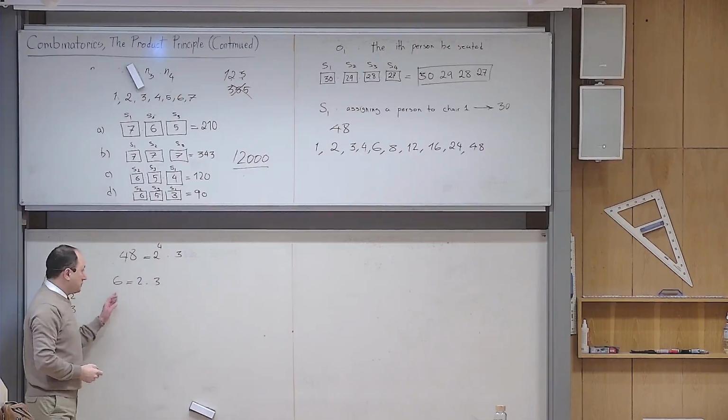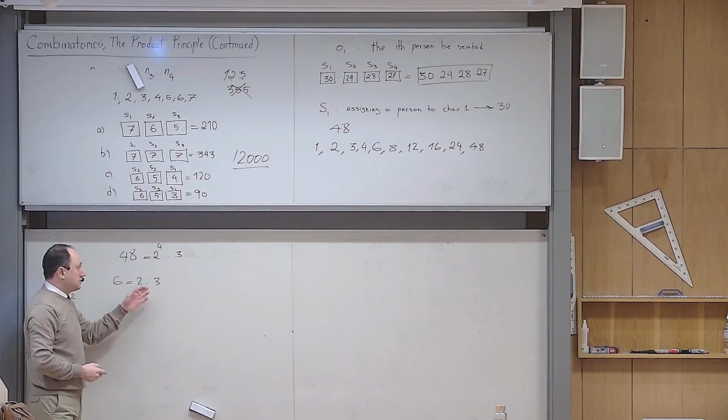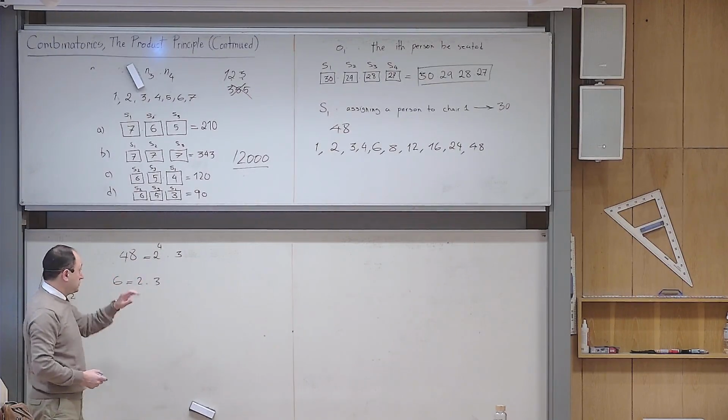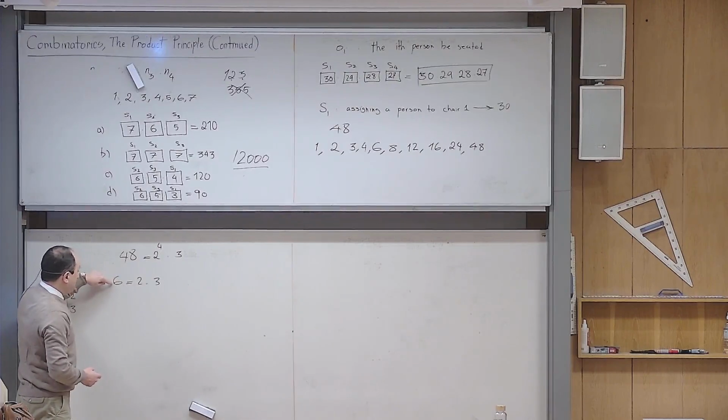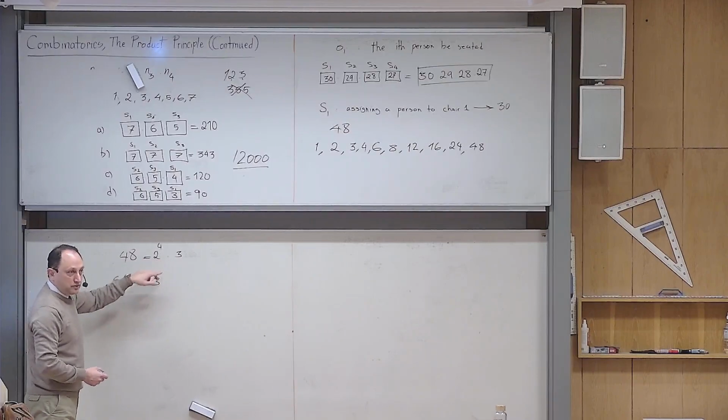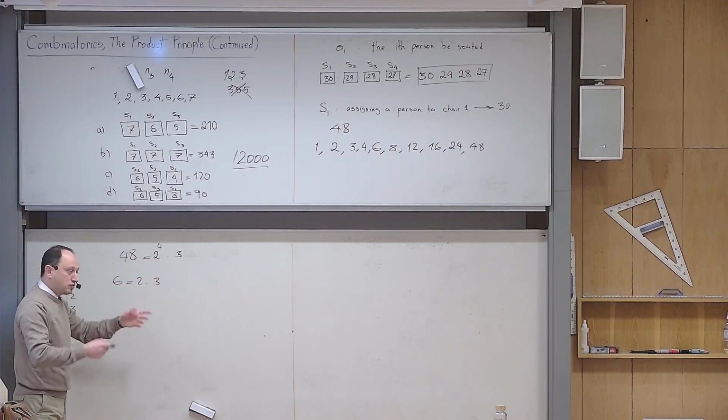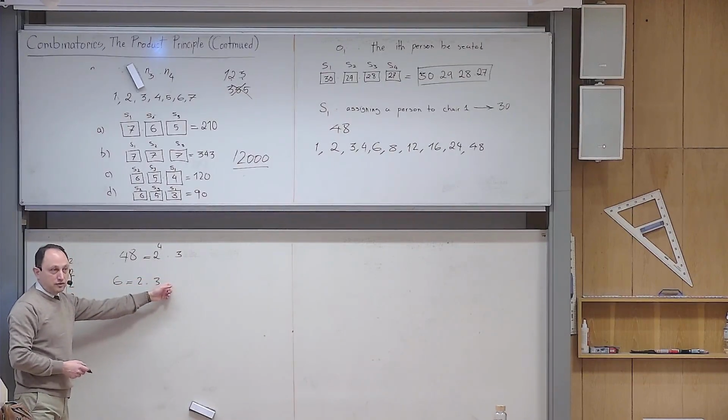It is not possible to have another prime number appearing here, yes? Because if it appears, it is not a divisor. When you say it's a divisor, it means that this number should be divisible by this. So this means that the prime numbers that appear in the factorization of this number are definitely only these numbers. It cannot have an extra prime factor here.